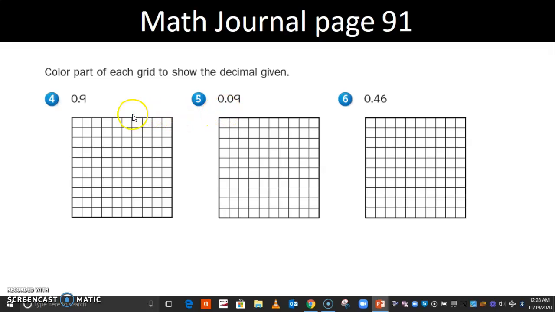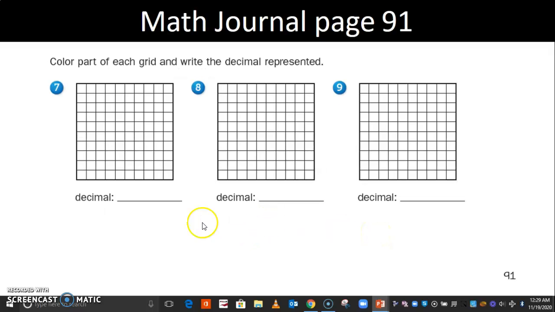Okay, so be careful on that. All right, and then let's see, I think you guys have, yep, one more. Pages 7, 8, and 9, you get to color a part, whatever you want to color it, and then you are going to write the decimal. Okay, write the decimal to match your drawing. All right, guys. Have fun.